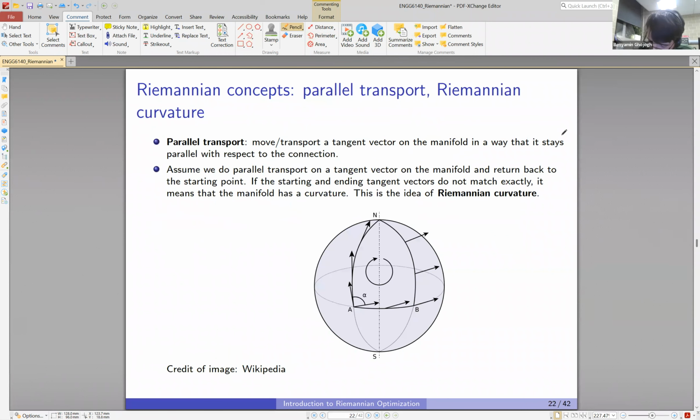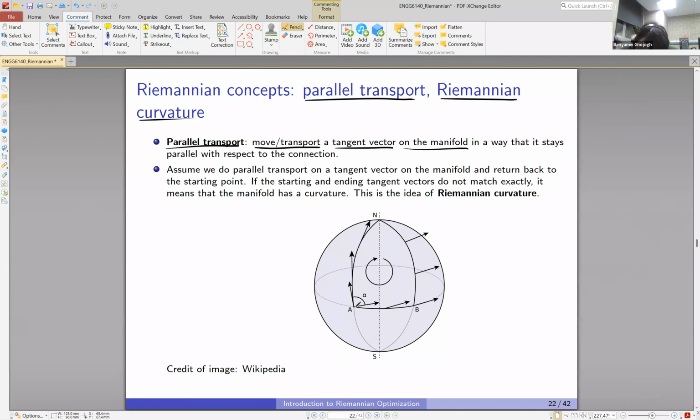Okay, another concept is parallel transport and also Riemannian curvature. Let's talk about them. What is parallel transport? It's moving or transporting a tangent vector on the manifold in a way that it stays parallel with respect to the connection. In simple words, let's visualize it.